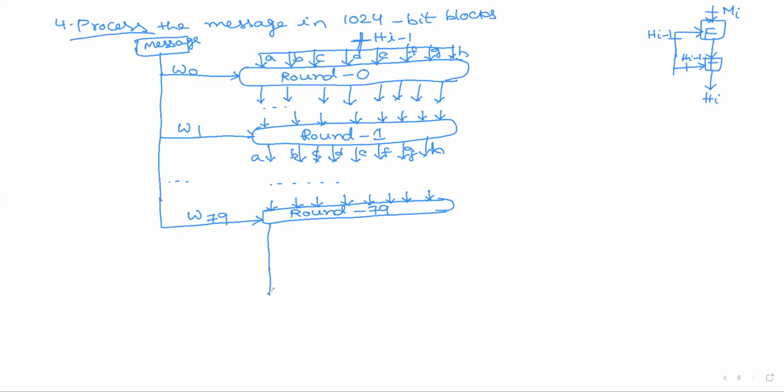So the output of that F will be given as input for addition modulo 2 power 64 operation. See here, I'm taking all these things as input for addition modulo 2 power 64 operation.